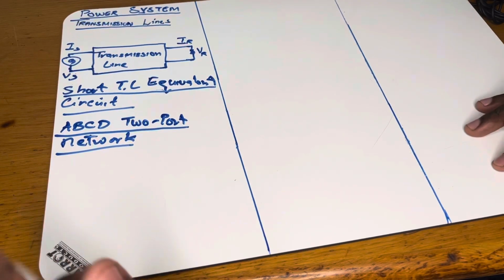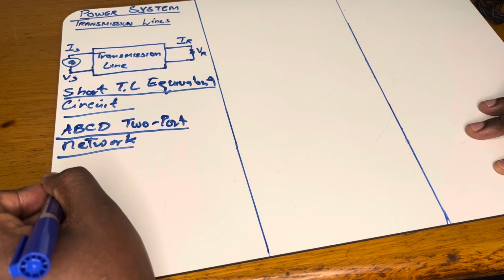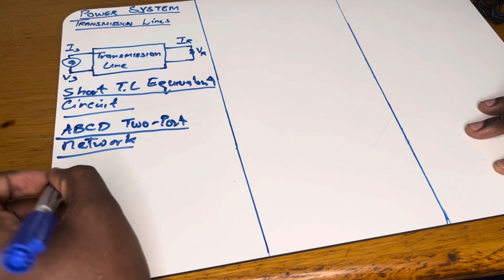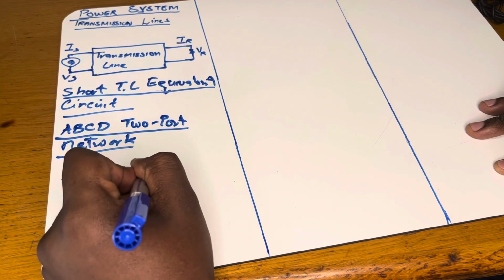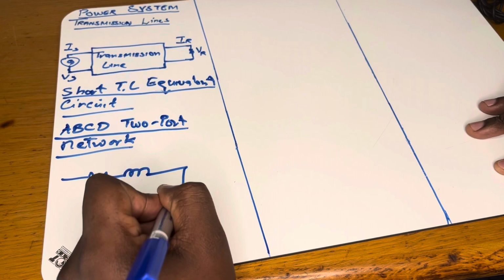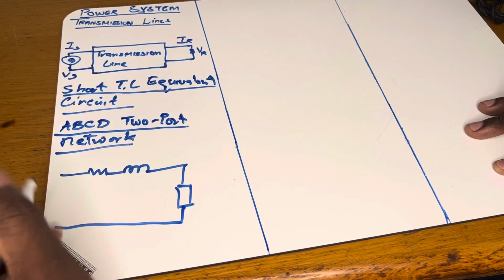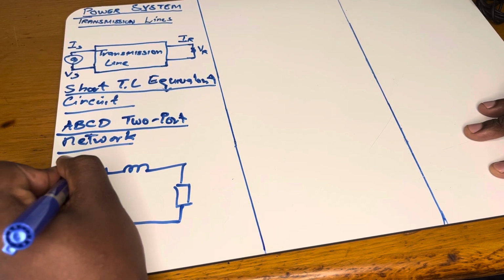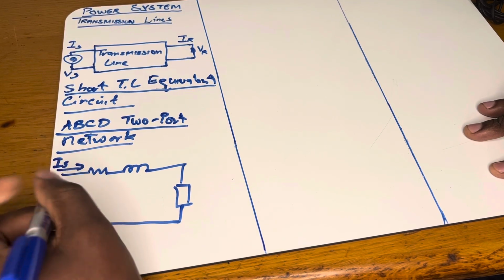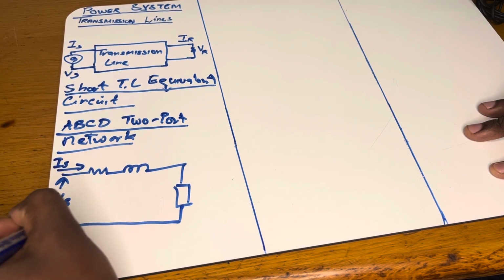form. So the equivalent circuit of a short transmission line consists of a resistor and an inductor, then the receiving end part. This will be IS on the sending end, and VS on the sending end.